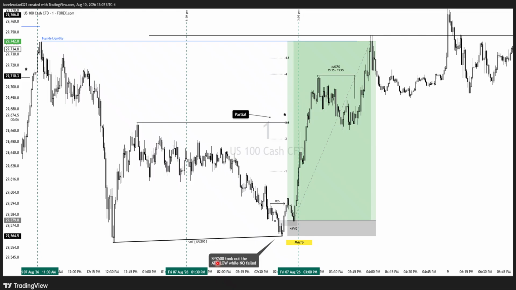Let me just say ES took out the ATM low while NQ failed. And then what happens? Market structure shift. Price comes back to this inversion fair value gap. That's the entry. And then what's next? Entry and then target the buy side, which is the ATM high. Simple as that.